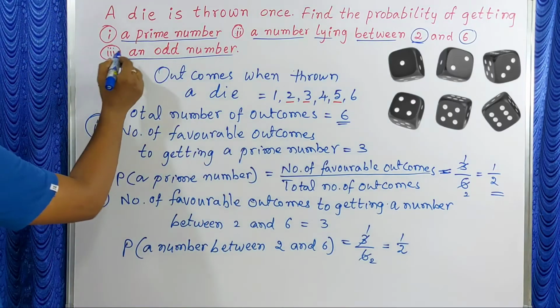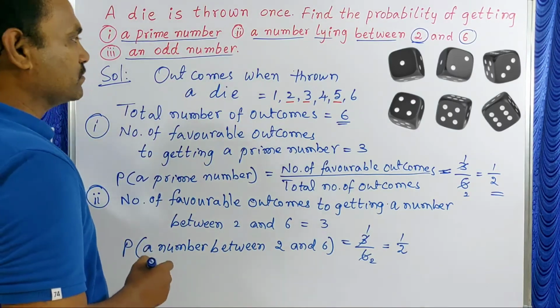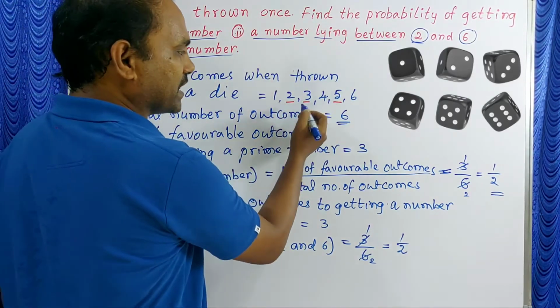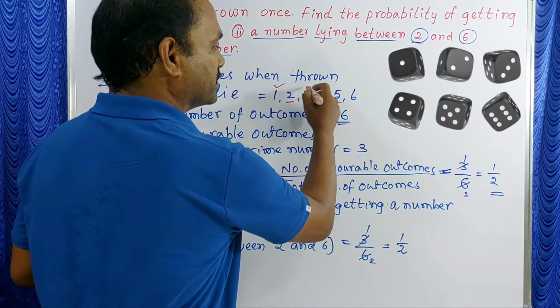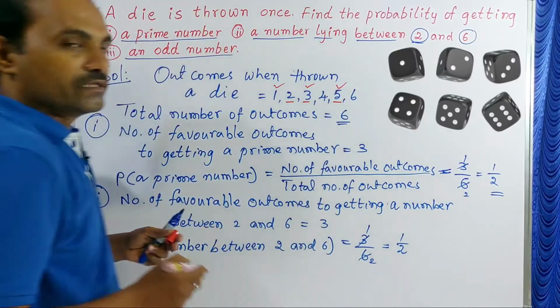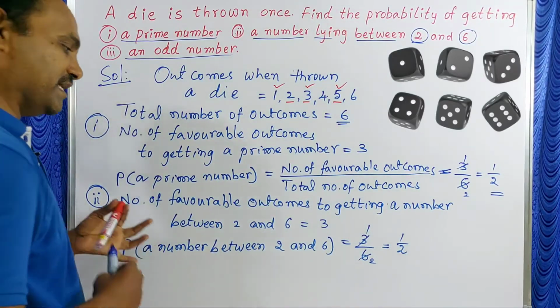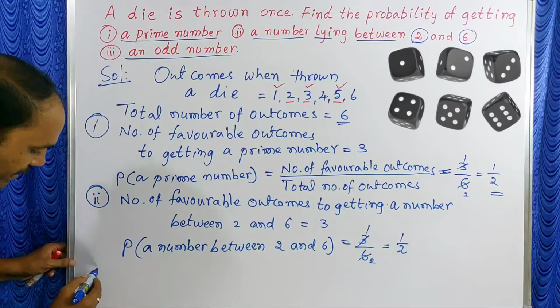Now last one, an odd number. How many odd numbers are there? 1, 3 and 5. 3 odd numbers. Again the same formula, again the same we will get.